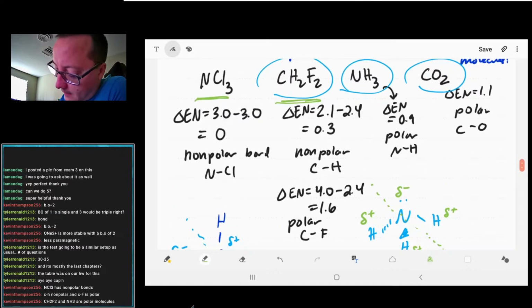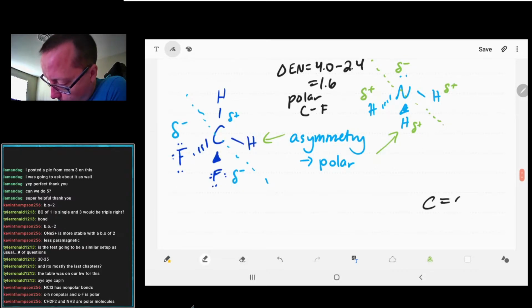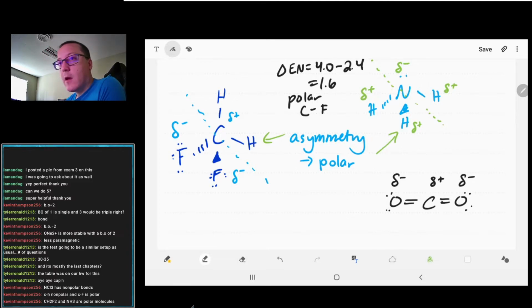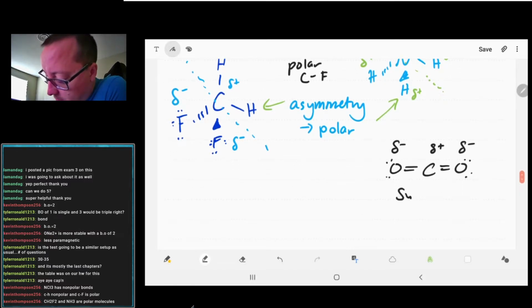All right, last one we have is carbon dioxide, which we've studied 15 times. And if we look at the vectors here, or if we just look at the symmetry, we'll see this is completely symmetrical.